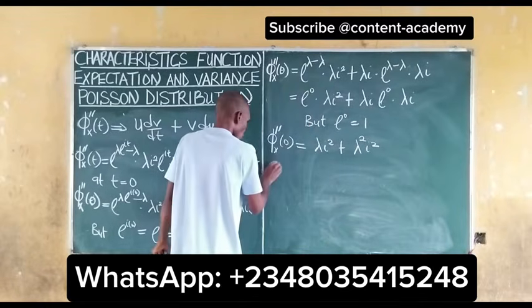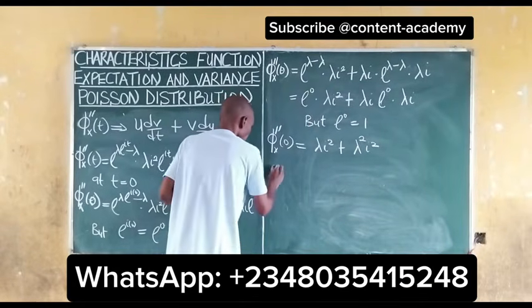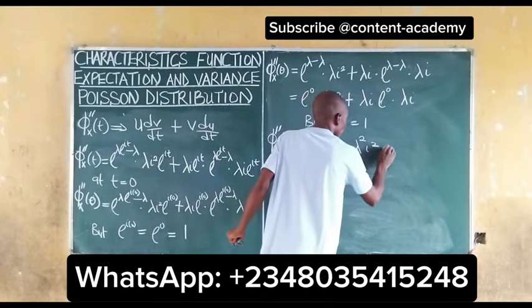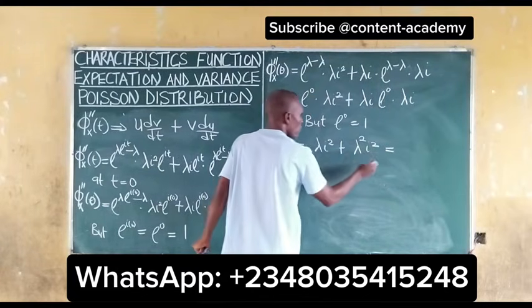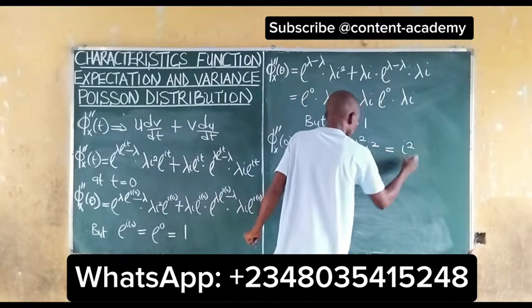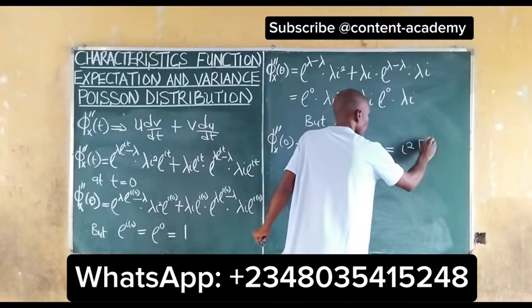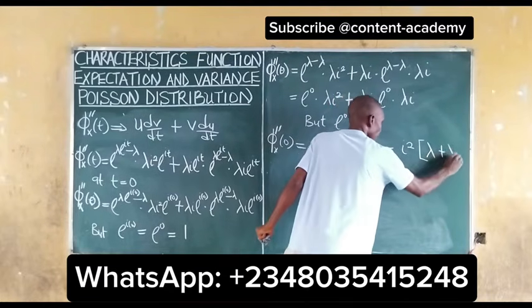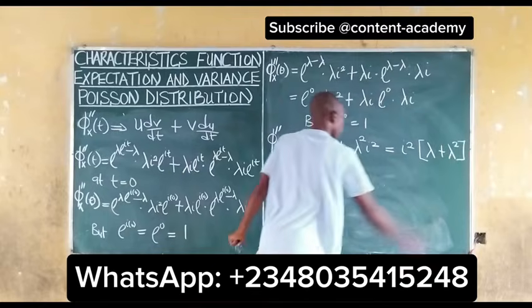Of course, we note that since we have i squared common, we can bring it out, which is i squared times lambda plus lambda squared.